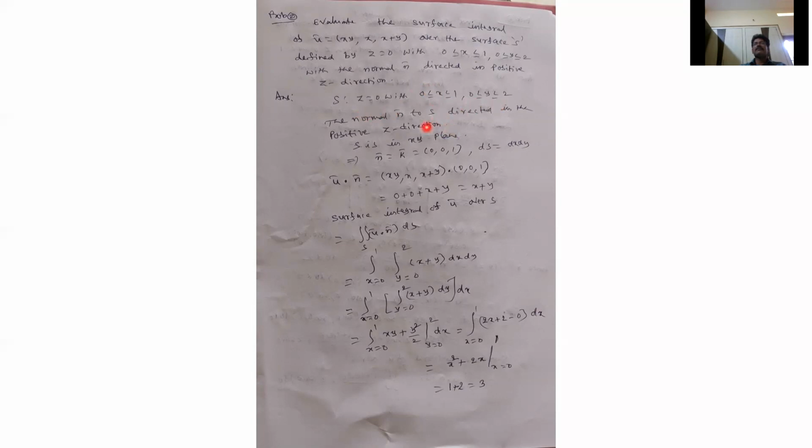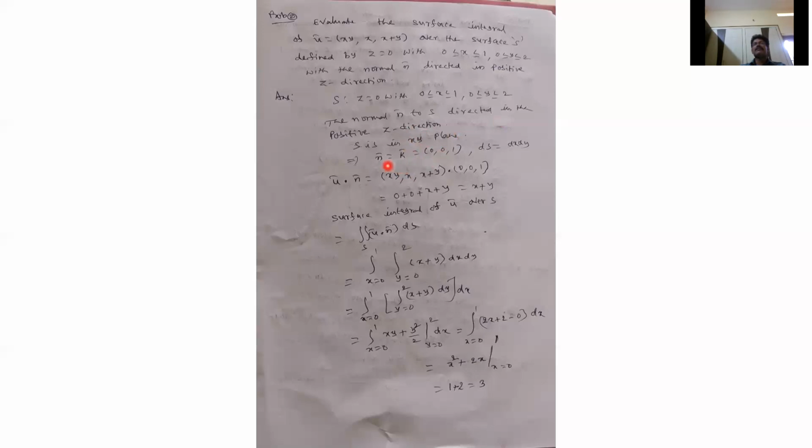So now the normal n bar to S is directed in the positive z direction, in the direction of the z axis. That's why n bar equals k bar, because in the z direction the unit normal is k bar.